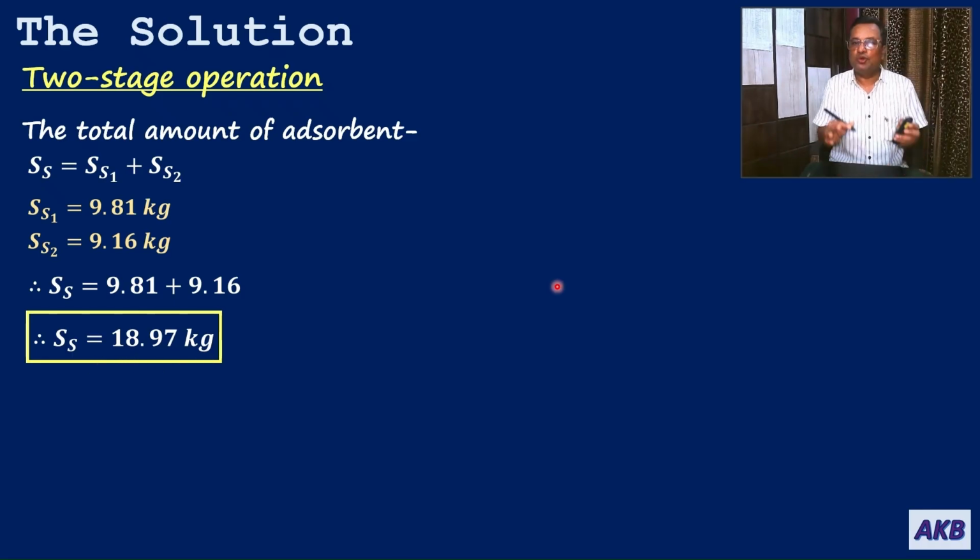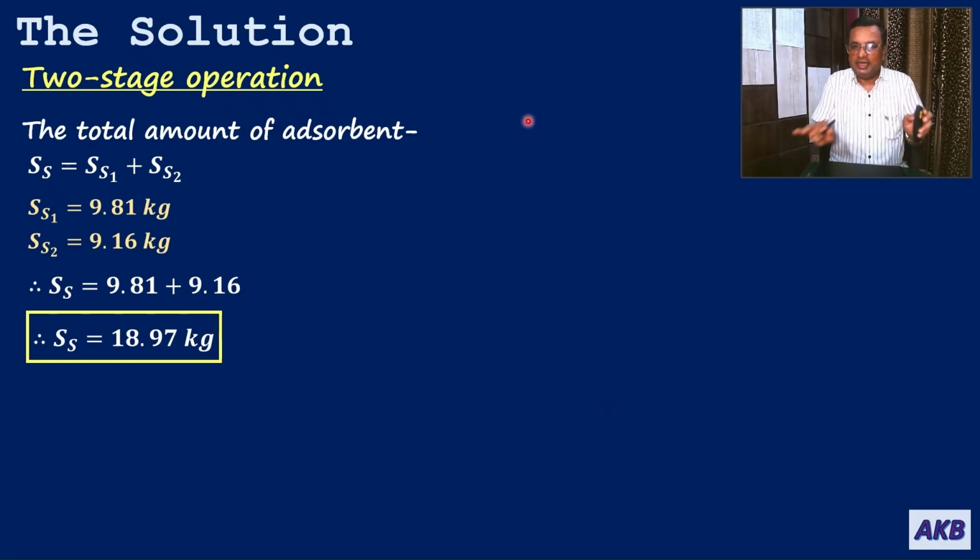So the total amount of adsorbent required in a two-stage cross-current operation is 18.97 kg. If you remember, with single-stage operation, it was 30 kg. Now you can compare the results that we have obtained in this numerical with the results that were obtained in part number 15. So you can check that.